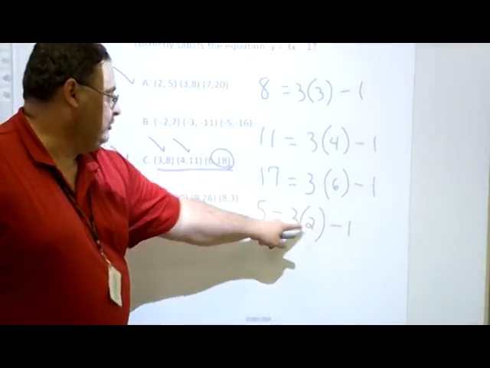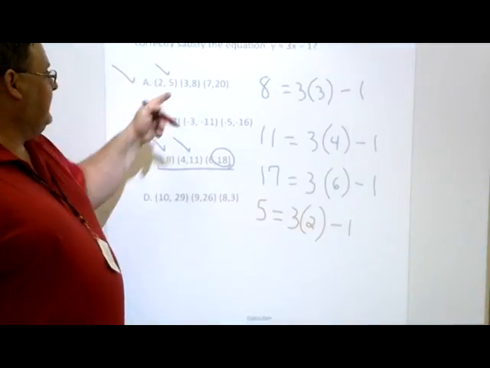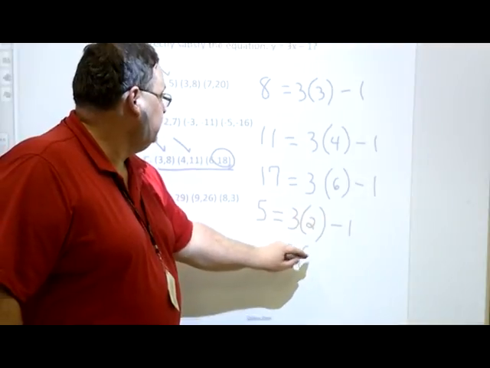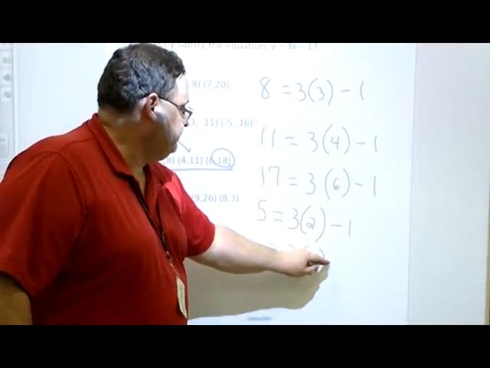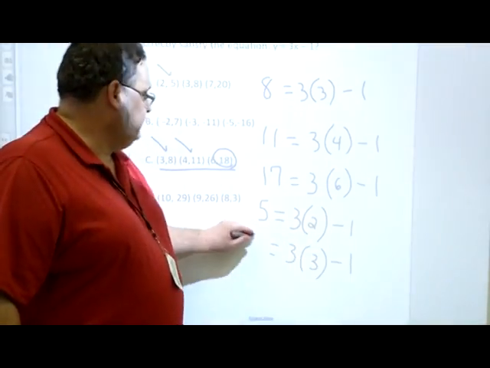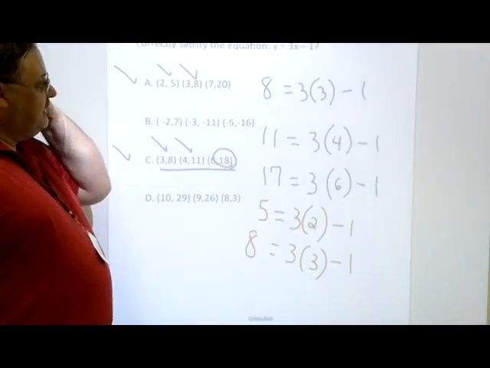So when x is 2, my y should be 5, and I check, and that's the case. We'll keep right on along. 3 times 3 is 9, minus 1 is 8, so the y value should be 8, and again, we know that.